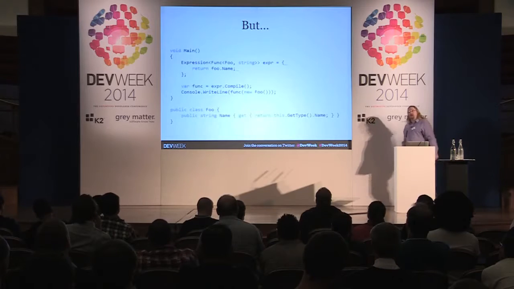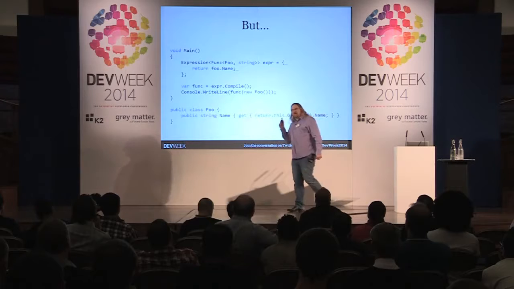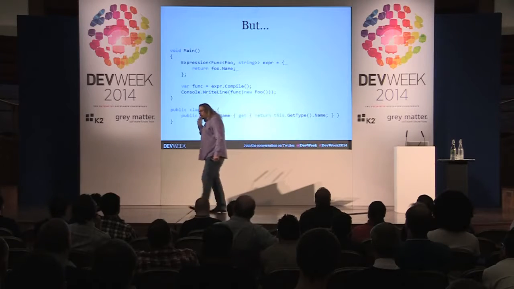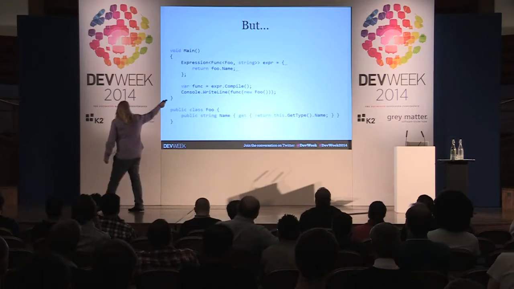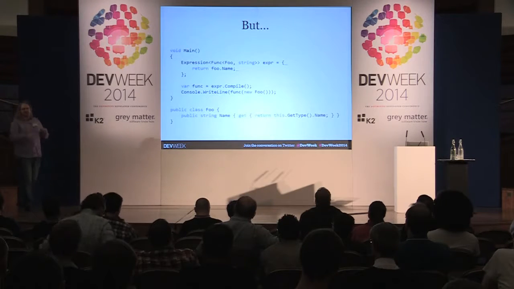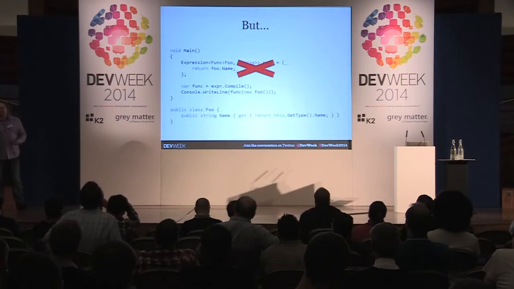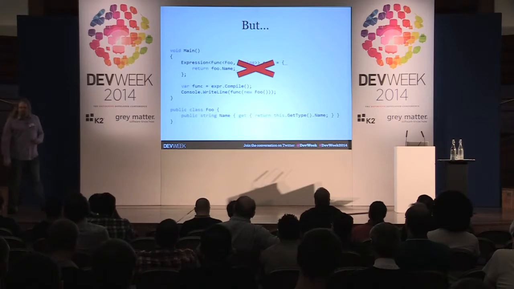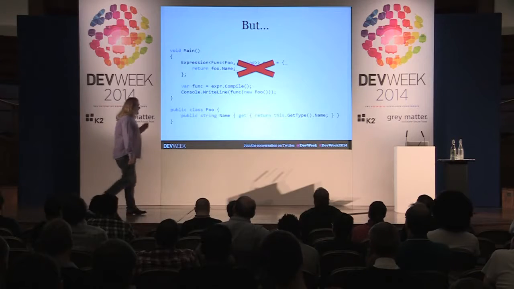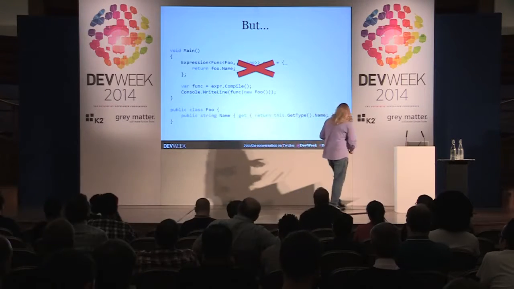But don't think everything can be converted. This looks, on the face of things, identical, except that we're using return semantics with a block as opposed to a single inline lambda. That will not compile. When you're doing this, you must deal with single atomic operations, or things that can be expressed as a single operation.